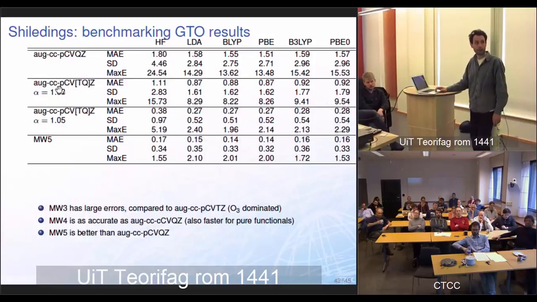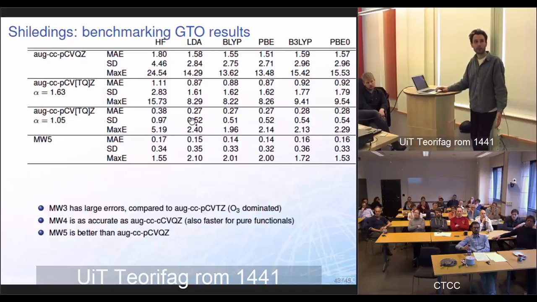Then what we have done, we have also looked at the extrapolation methods with suggested values from the literature, and then we have also recommended a new value. We say, okay, if you want to do an extrapolation for a shielding, you shouldn't use 1.63, but use 1.05 because it gives much better performance. So you see 1, 0.8, 0.8, so it's roughly half the error you get with quadruple zeta. It's not much better.